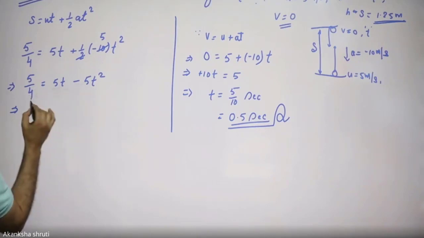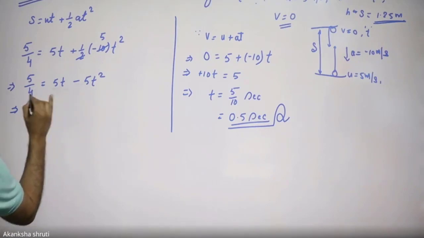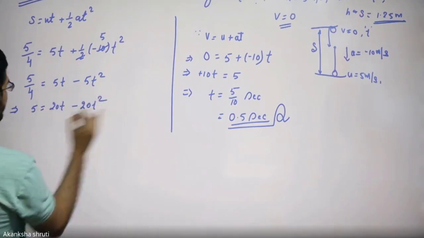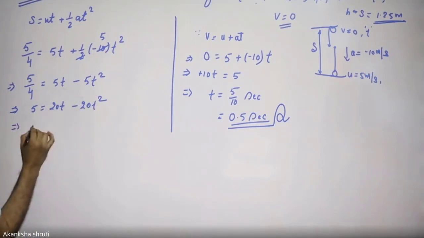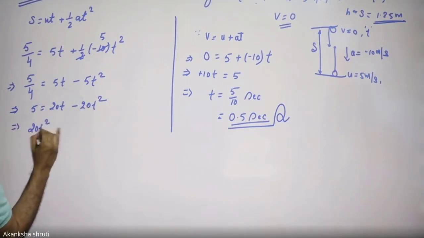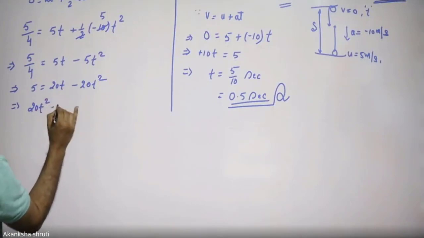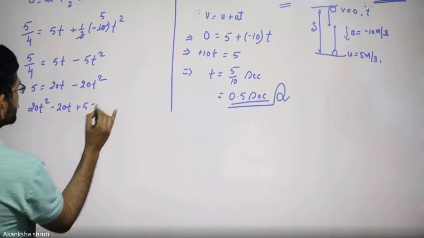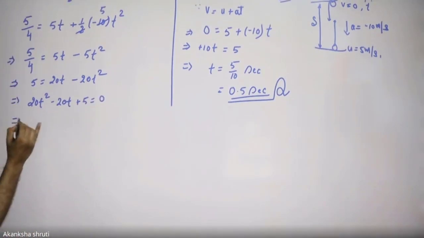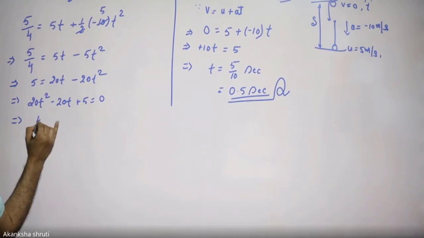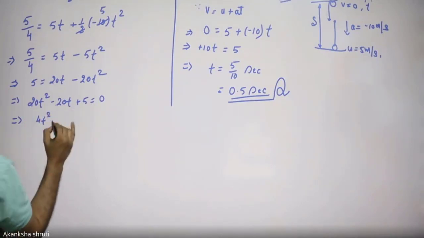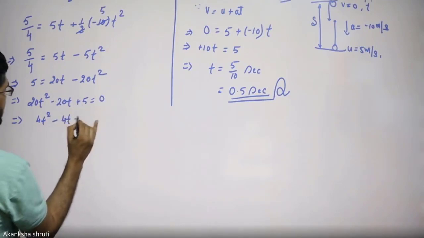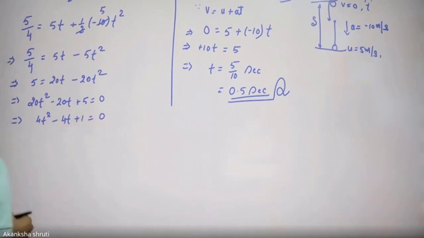So go for multiplying this. 5 is equal to 5 4s are 20t minus 20t square, or the better way is to bring this on the left hand side: 20t square minus 20t plus 5 is equal to 0. Students, from here we can divide by 5, so 4t square minus 4t plus 1 is equal to 0.